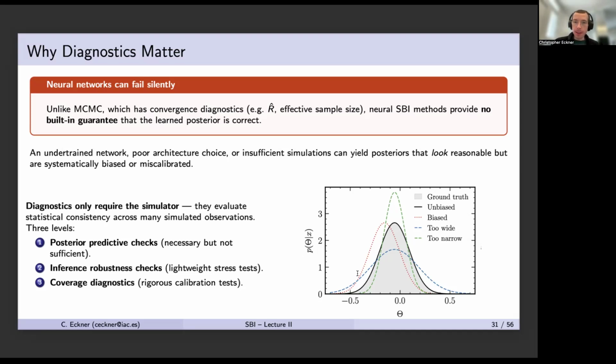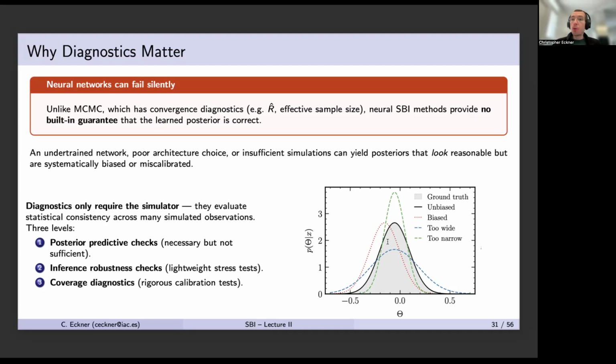If you look, for example, at this plot here, in gray you have the technical ground truth of how your posterior should look if you run a Monte Carlo chain, let's say, and you get the unbiased truth of how your problem is solved.